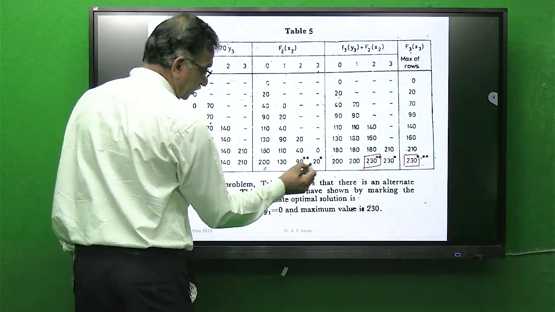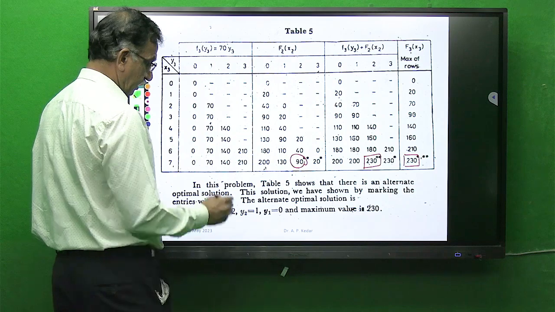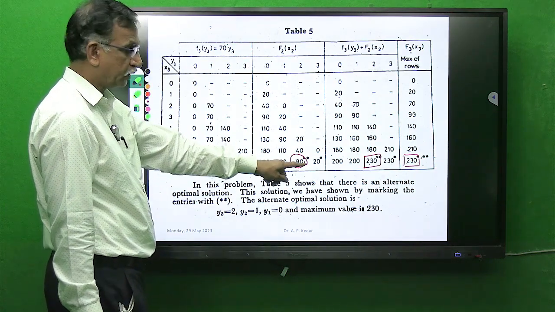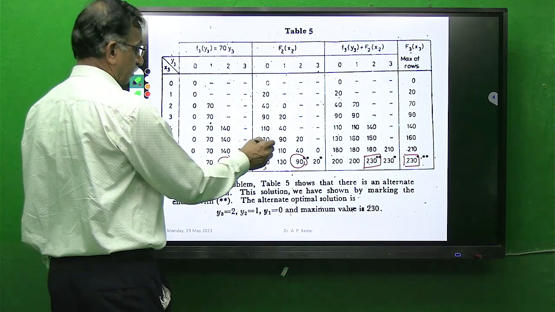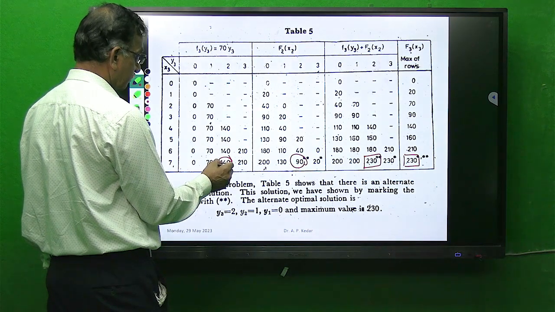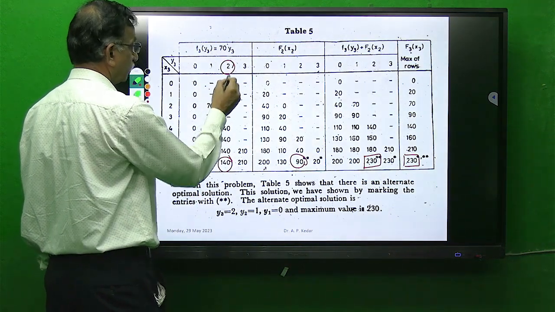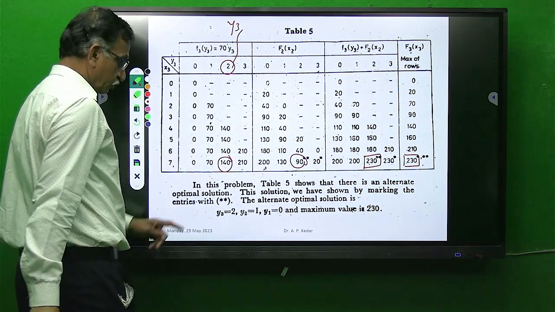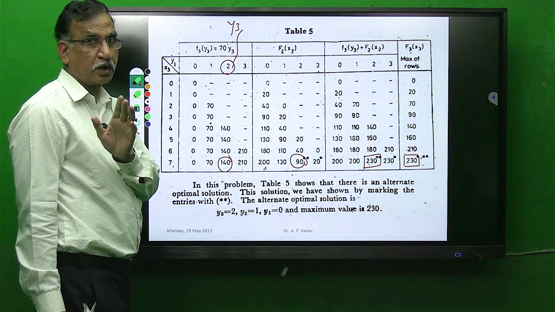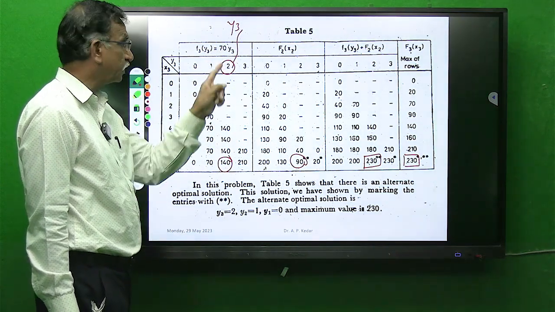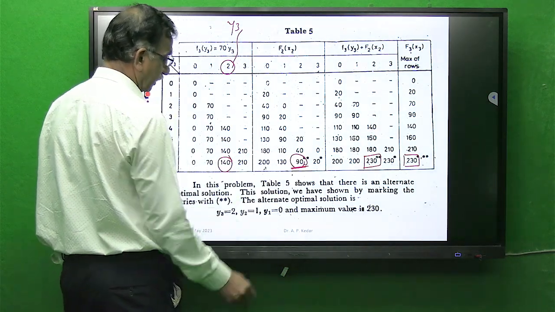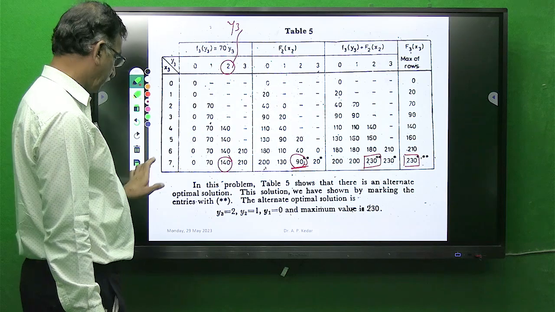This 230 is the sum of this 90 and this 140, correct? 140 plus 90, 230. Now for this 140, y3 is equal to 2. So I got for the second solution the answer of y3 as 2. In the earlier case it was 3. Now I will concentrate on f2 of x2, 90. Remember y3 equal to 2.